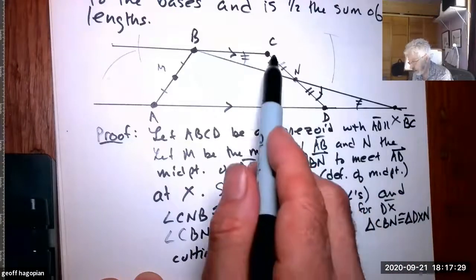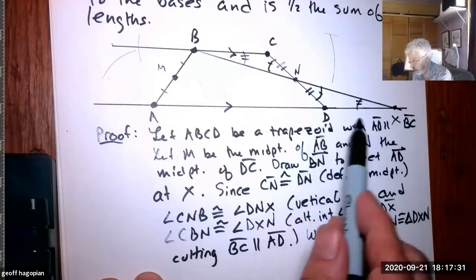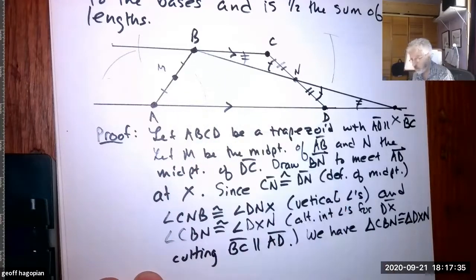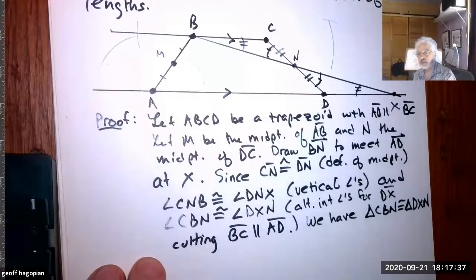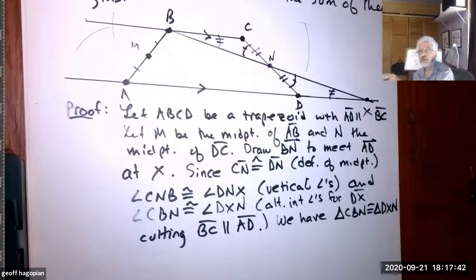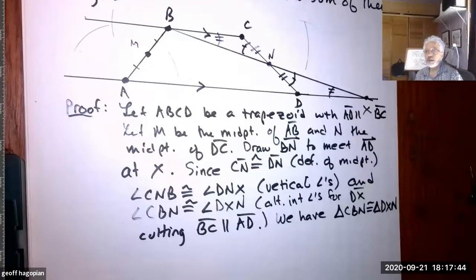But I'm just saying that C and D correspond, X and B correspond, and C and D correspond as angles, right? Is this reasonably visible here? Okay. And so corresponding parts are congruent.